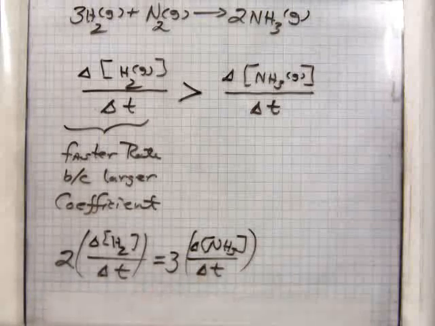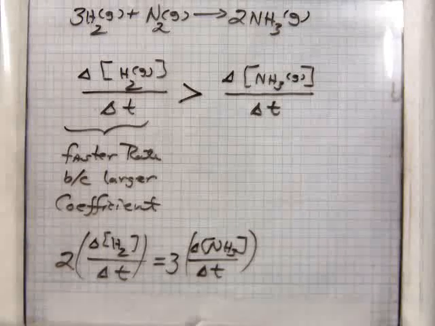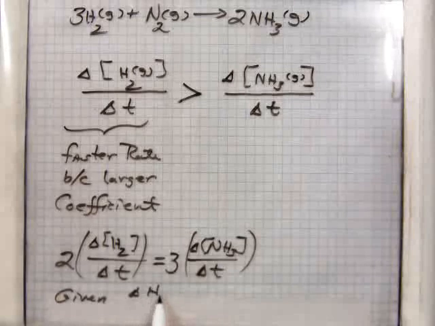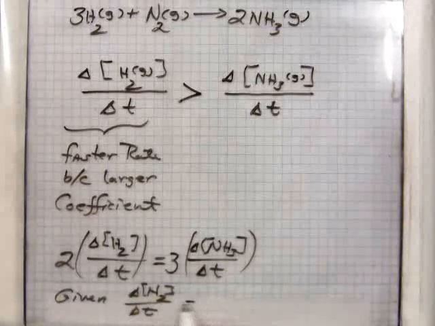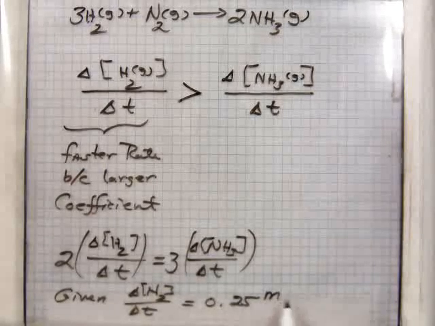Now, if you have one of those rates given, you can get the other one, right? That's the simplicity of this. You don't have to beat your brains up in some complex analysis. Say you're given the change in hydrogen over change in time is 0.25 molar per second.